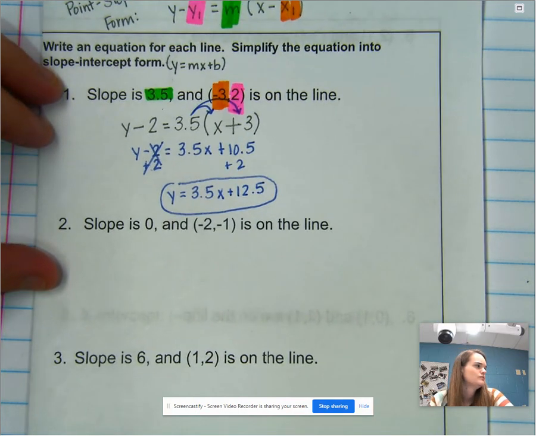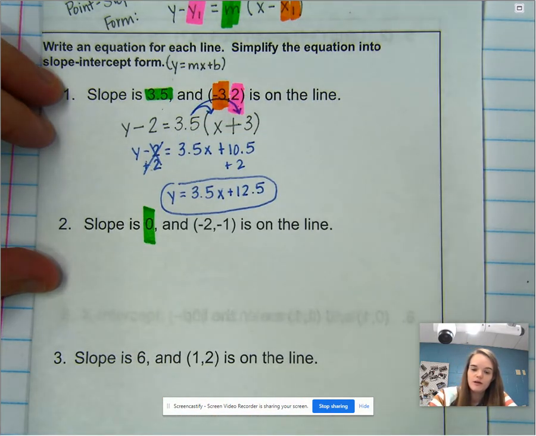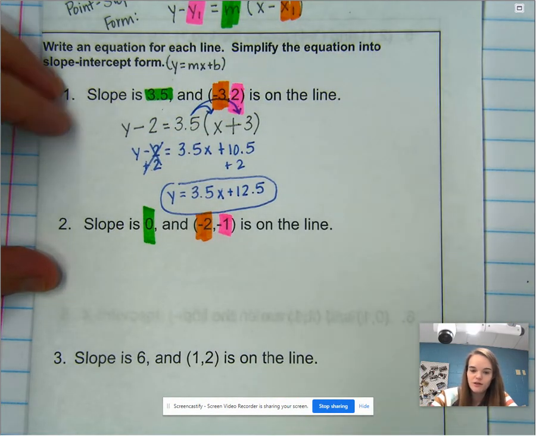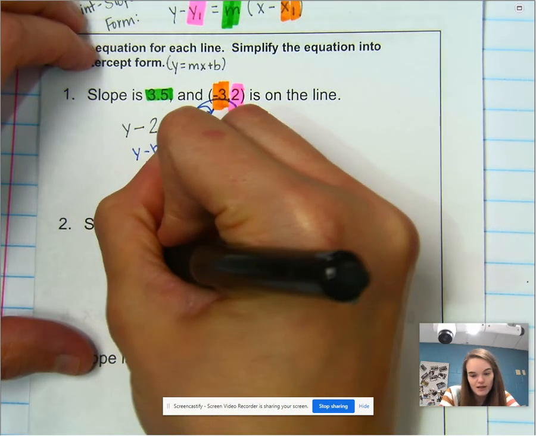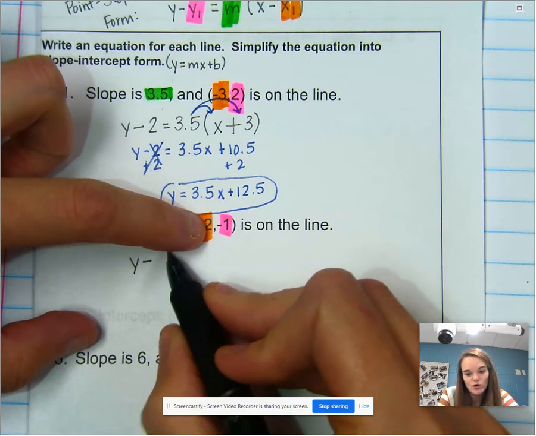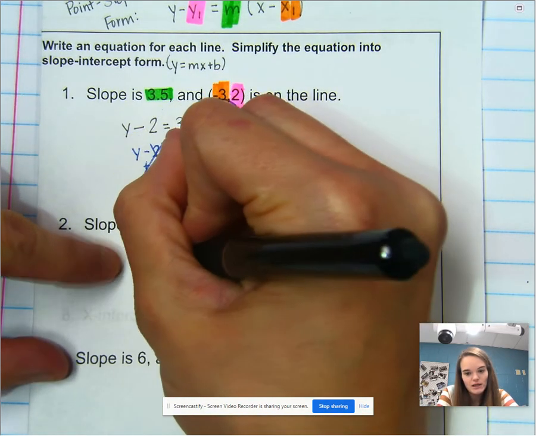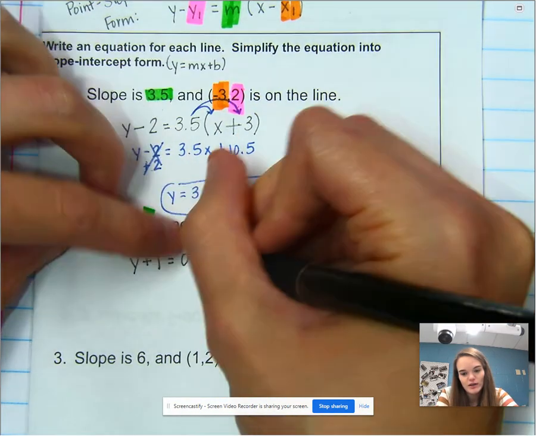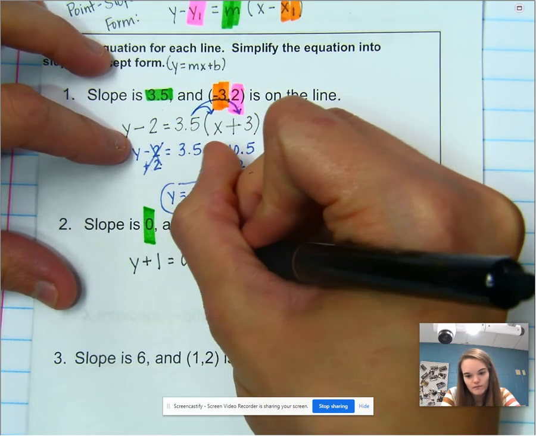Number 2. Slope, x, y. I'm going to plug it in. Y, I'm looking at this up here, y minus -1. I'm not going to put y minus negative, I'm going to put y plus 1 equals m, which is 0, times x minus negative, so I'm going to put plus 2.